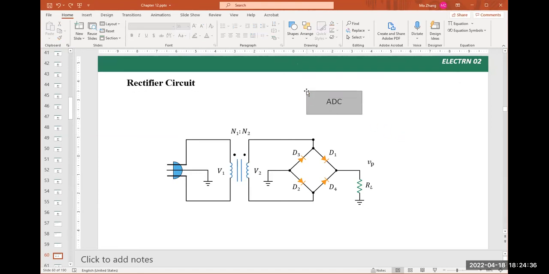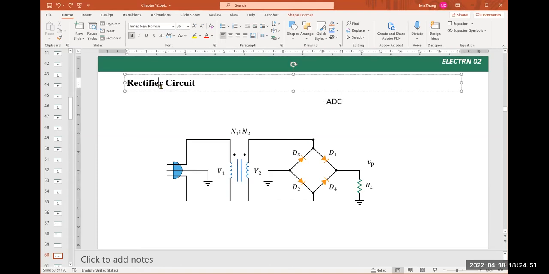Anyone ever heard of rectifier or rectifier circuit? If the answer is yes, what does it do? Anyone heard of rectifier? What is a rectifier? What does it do?